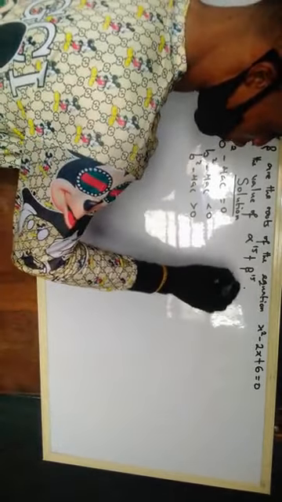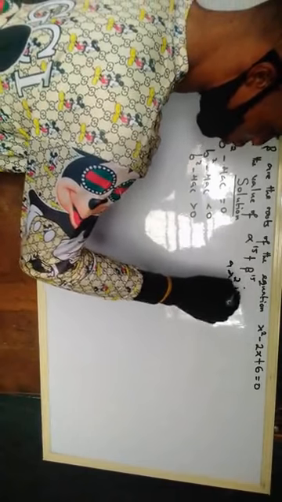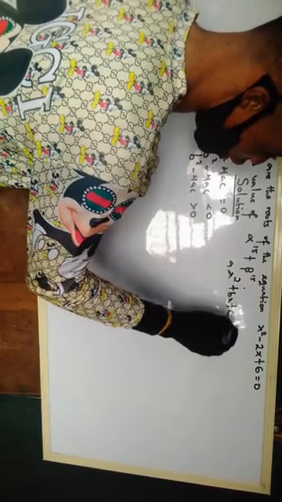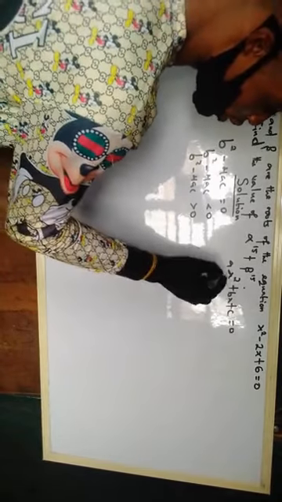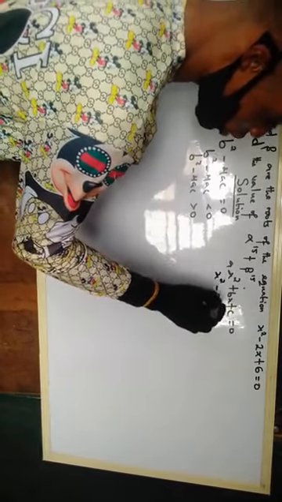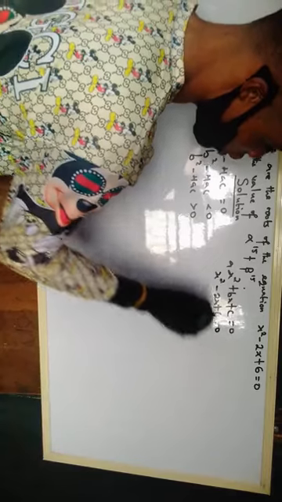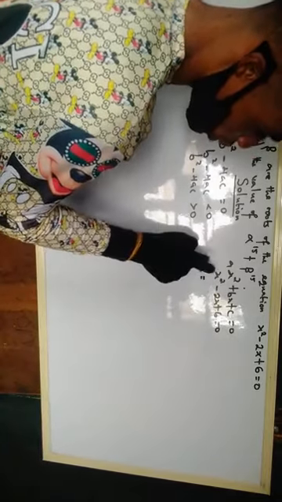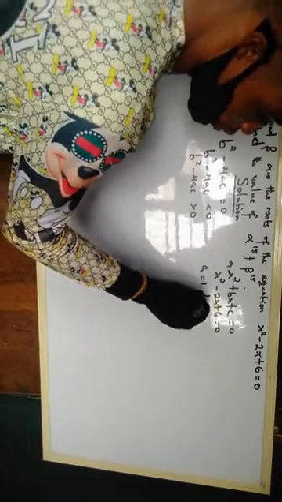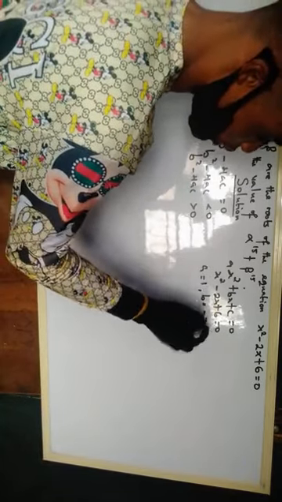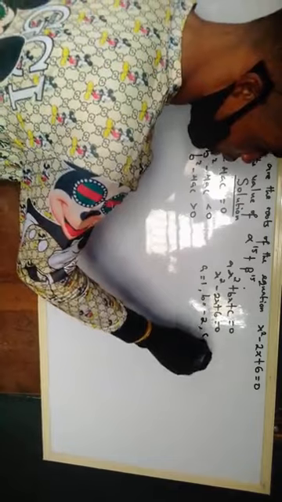So now, the general form of any quadratic equation is ax squared plus bx plus c equals 0. From this equation, x squared minus 2x plus 6 equals 0, our a is equal to 1, our b is equal to negative 2, and our c is equal to 6.